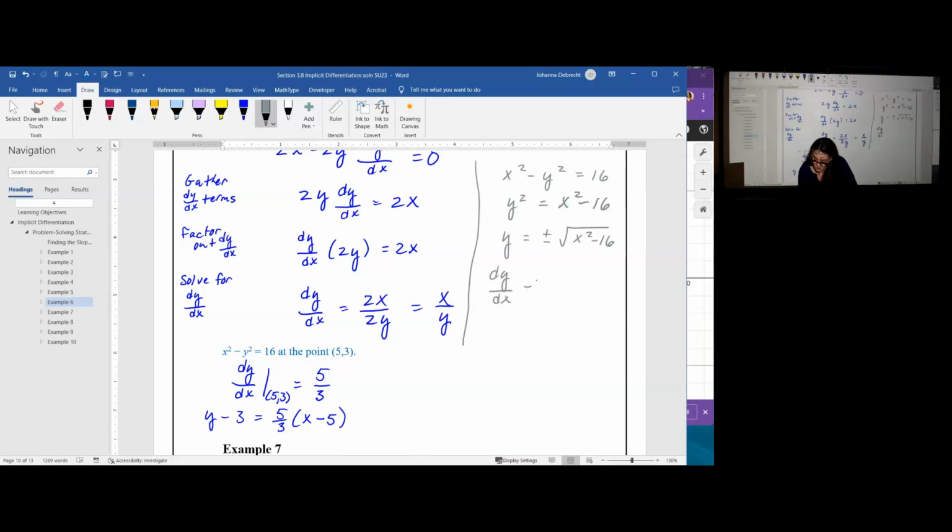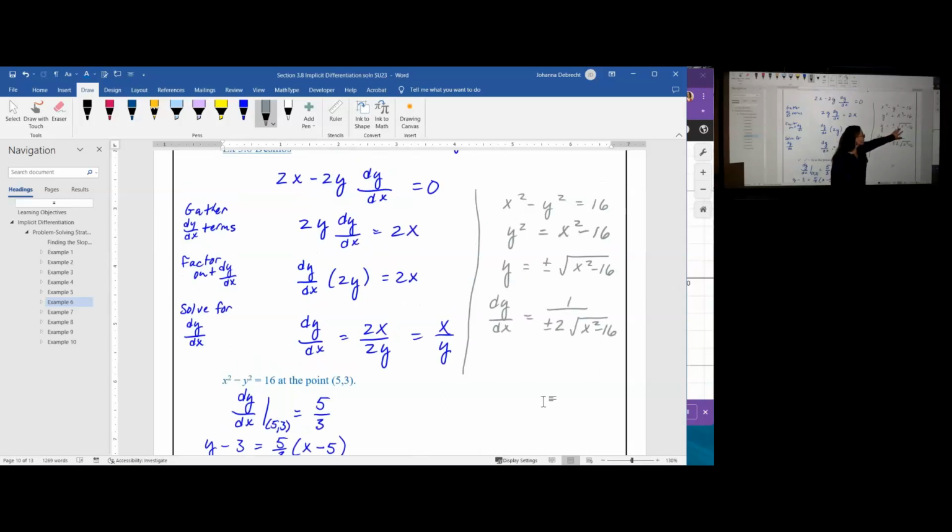The derivative of the square root is 1 over 2 the square root, in our case, with a plus or minus. The derivative of a radical is 1 over 2 the square root multiplied by the chain rule derivative of the inside, which would be 2x.